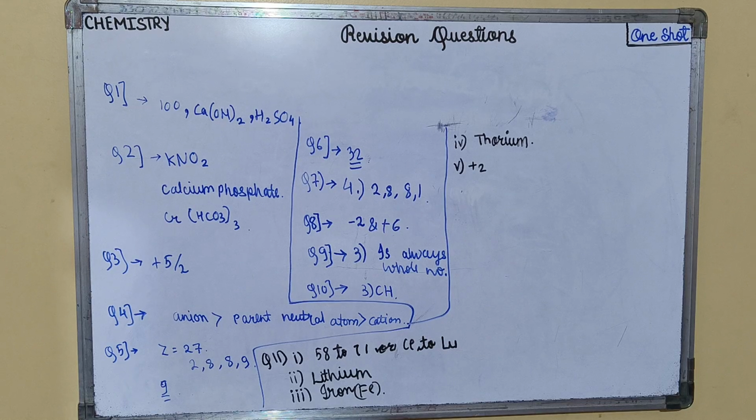Second is which is more basic, K2O or Na2O? Answer is in comparison to Na2O, it becomes easier for K2O to lose a pair of electrons in view of larger atomic radius of K, and thus K2O is a stronger base. Third is which is more acidic, N2O5 or P2O5?